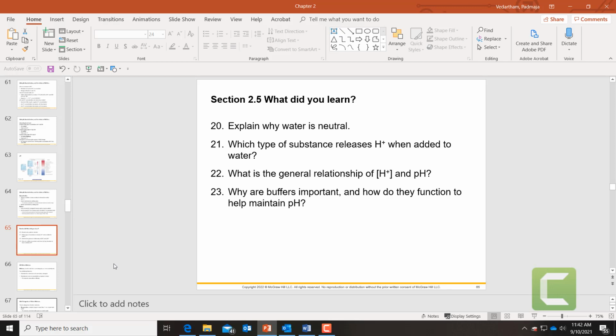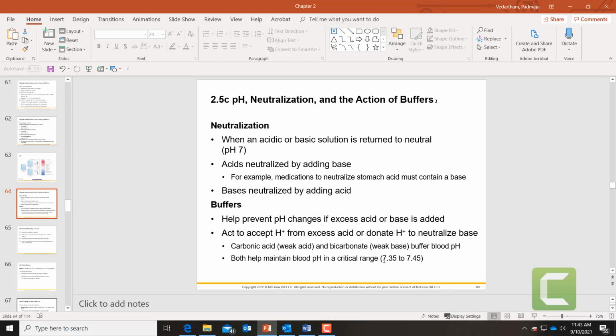Okay, and similarly, if it is more than 7.45, at about 7.6, the functions stop, so a person stops breathing basically. So it's very crucial that the blood pH needs to remain between 7.35 and 7.45.